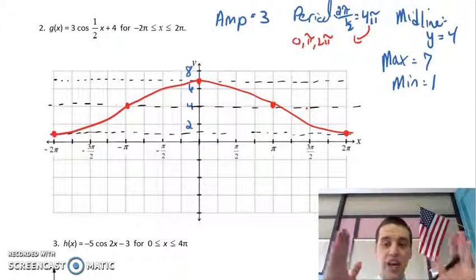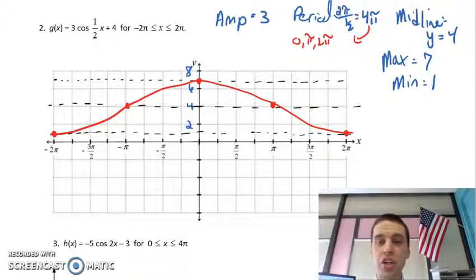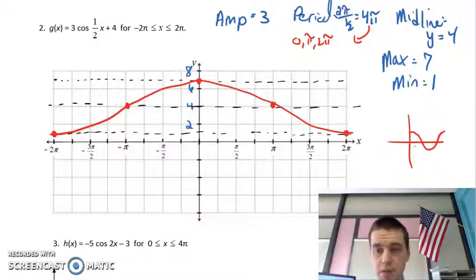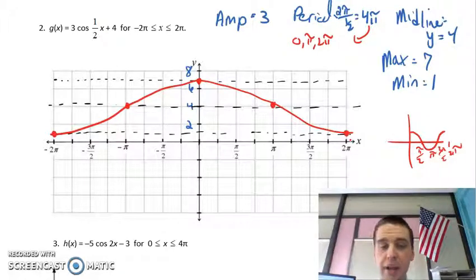It was stretched. We know that a cosine curve usually looks like this, where our main points are pi over 2, pi, 3 pi over 2, and 2 pi. In this case, because we stretched it by a factor of 2, our points are now pi and 2 pi.